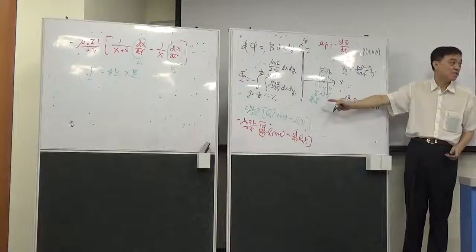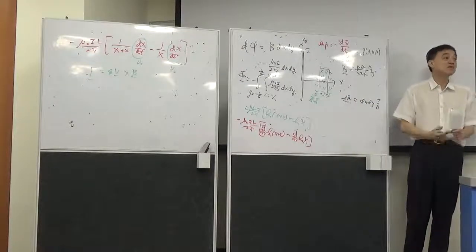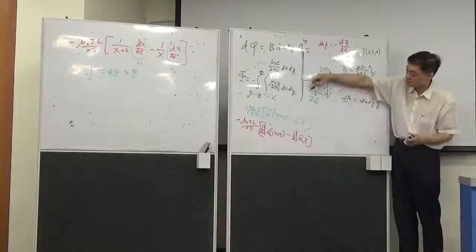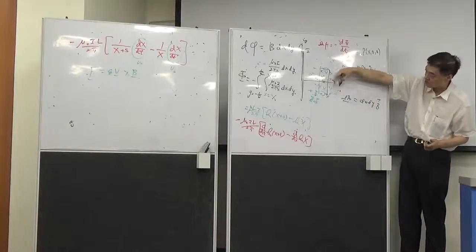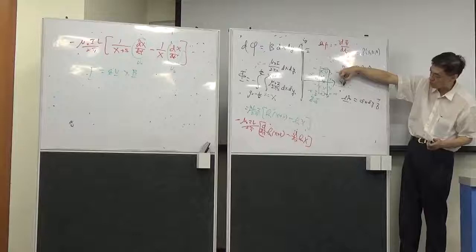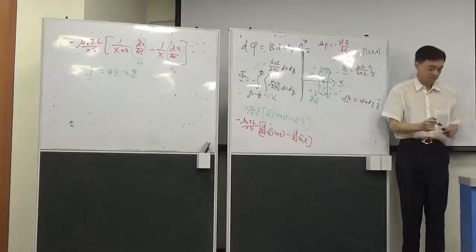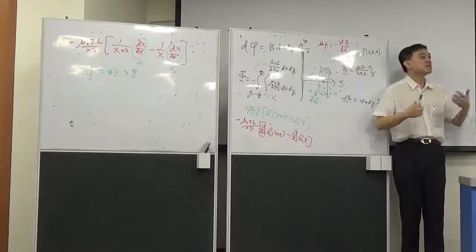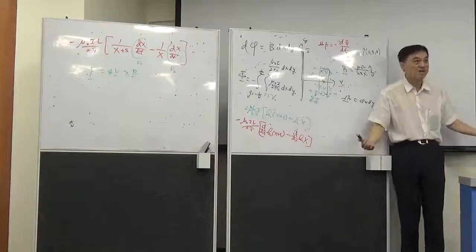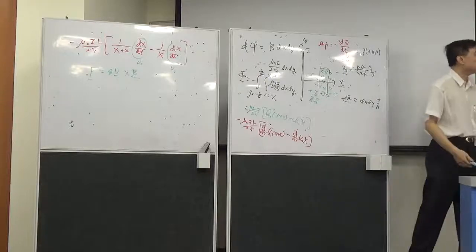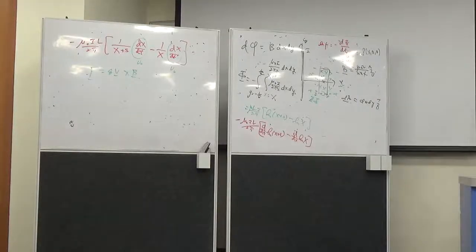So there is a potential V1, plus and minus, and a potential V2, plus and minus. So what is the induced EMF? The induced EMF is equal to V1 minus V2. And you have to prove that V1 minus V2 is the same as what you get from Faraday's law.